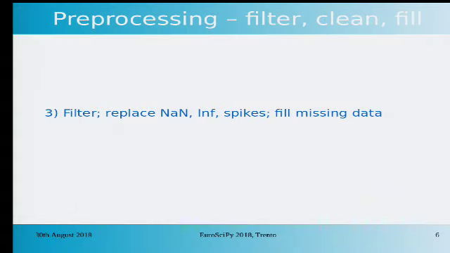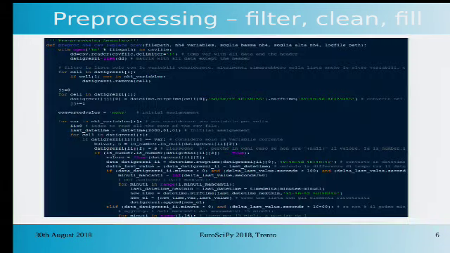In fact, we know it's really important to have clean data, to have a nice data set to analyze. So we have to replace not-a-number values or spikes, or fill missing data. Here are also examples of how we do this.